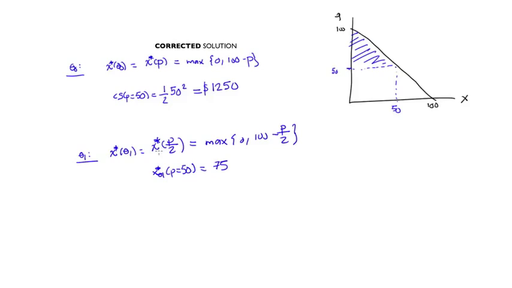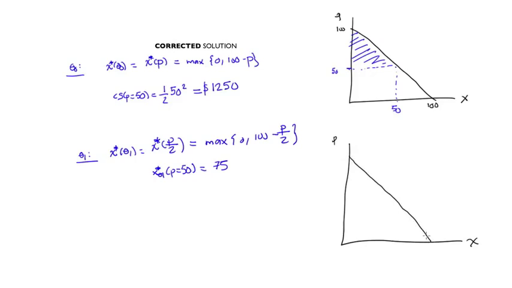Now, let's compute the consumer surplus for this case. The key thing to remember is that the marginal benefit curve that determines the consumer surplus has not changed and is given by the demand curve in the absence of any additional thing to free trade, like a subsidy or a tax.